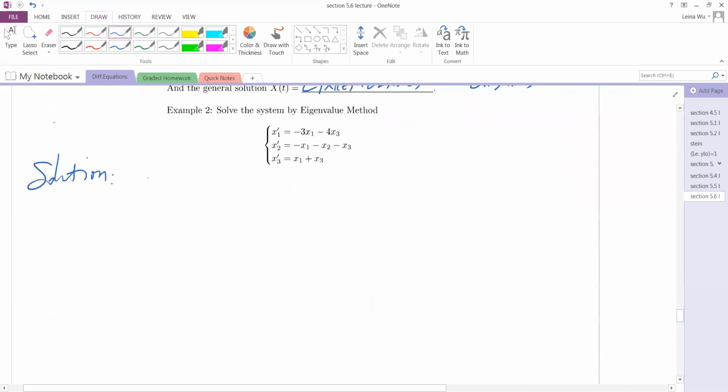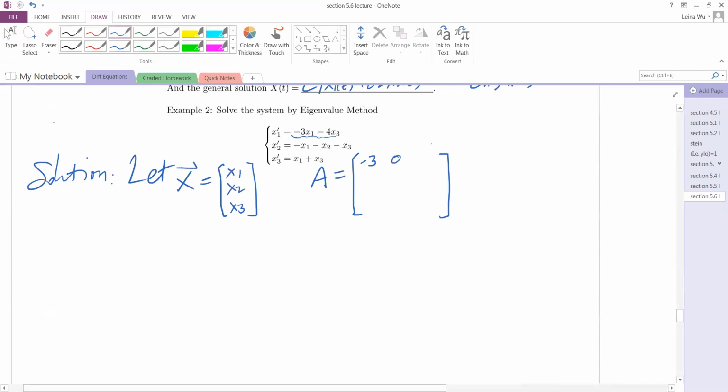Solution. First of all, our unknown vector x contains 3 parts: x1, x2, and x3. Matrix A would be the coefficient matrix, so negative 3. The second entry will be 0, because there's no x2. And then the third entry will be negative 4.